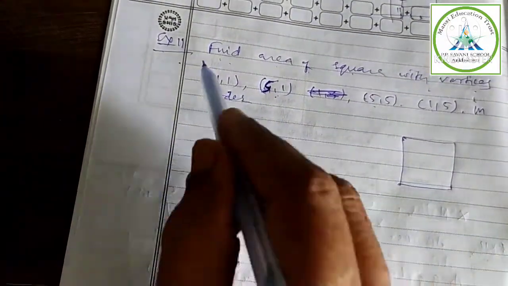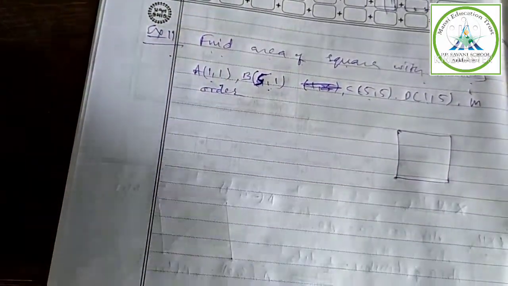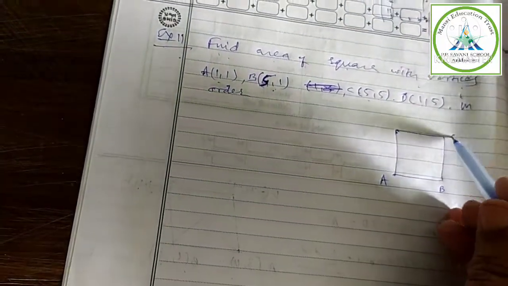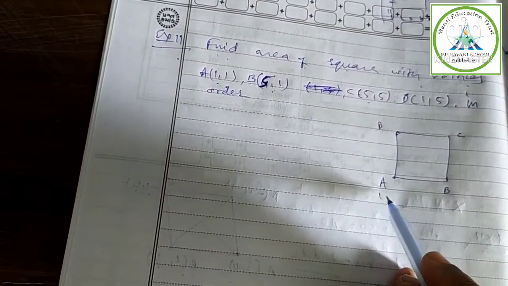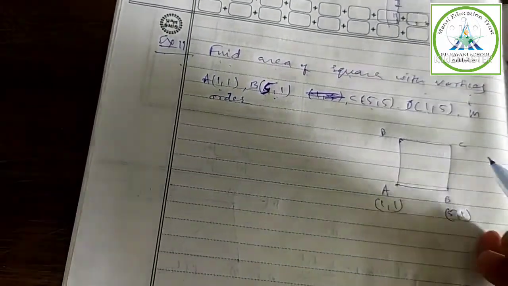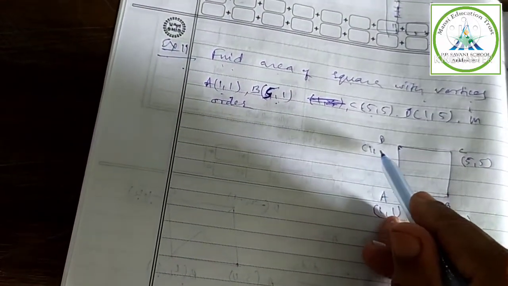They are given in order. Say A, B, C, D. Names will be given later on. So we are naming it A, B, C, D. A is 1 1. B is 5 1. C is 5 5. D is 1 5.